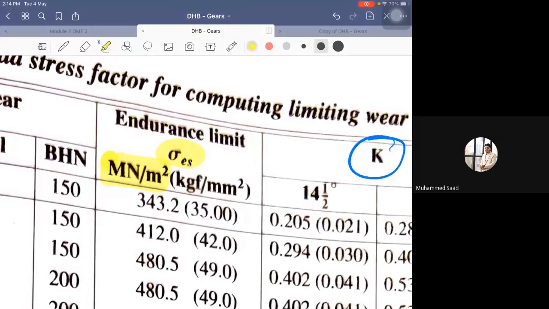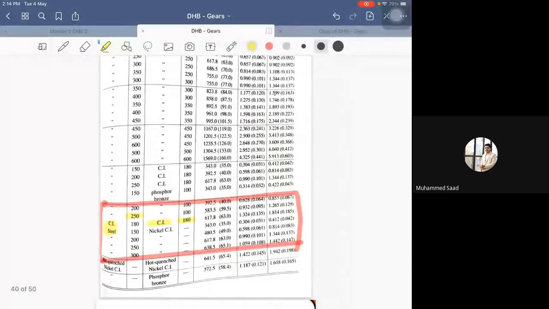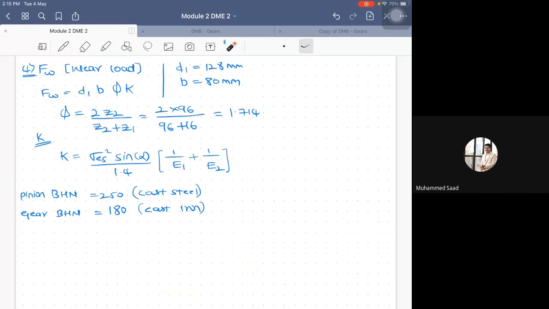So come back to our selection of materials, where we have selected cast steel for pinion and cast iron for gear. Refer to this particular column and this particular row to get the value of the endurance limit. Got it? So what is the value of the endurance limit, sigma suffix es? 617.8. I would take that particular value there.